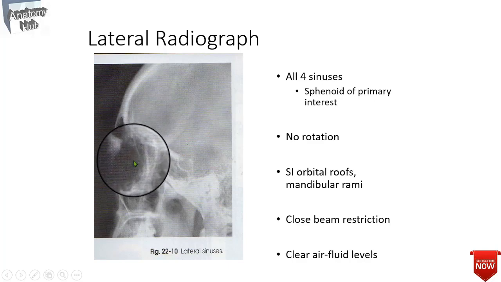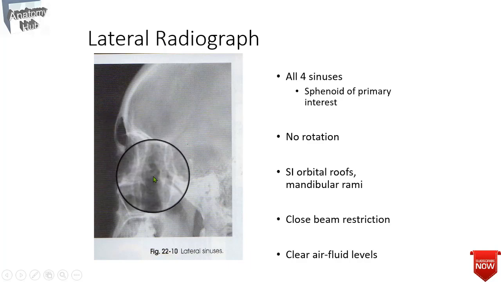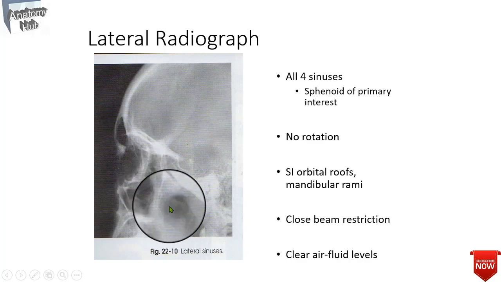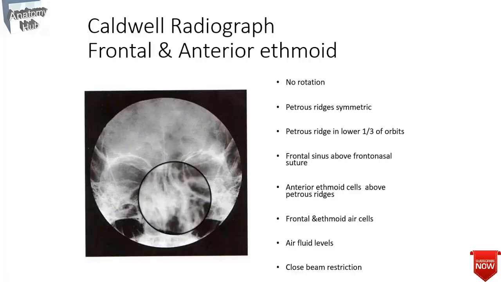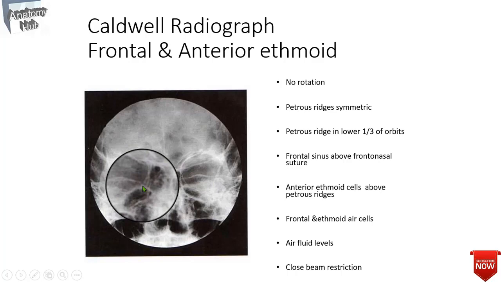And all these sinuses you can view through the lateral section of your head and neck region. So in other views, like your Caldwell radiograph, the frontal and anterior ethmoid can be visible.